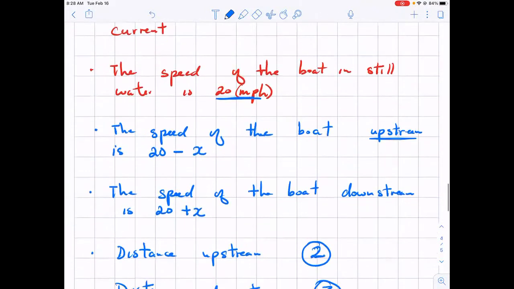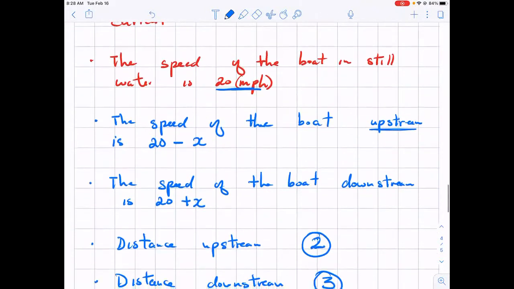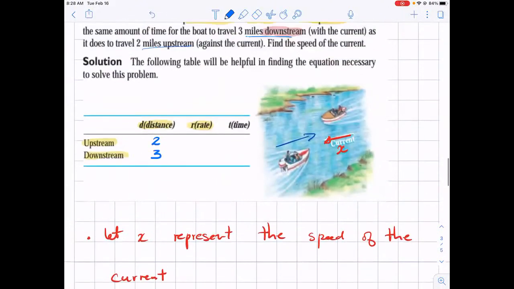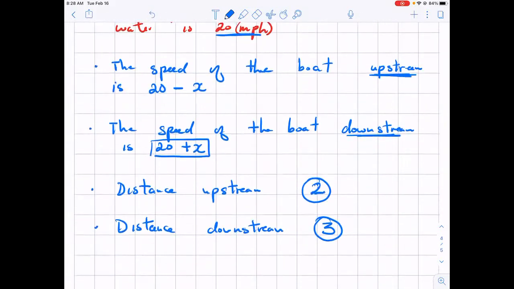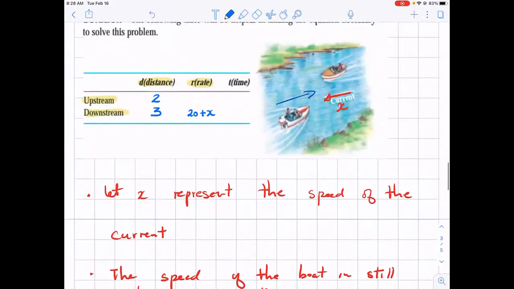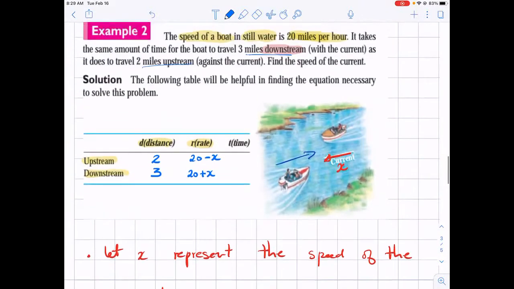Now the rate: the rate downstream is 20 plus x. That's my speed, my rate. And for upstream, we have 20 minus x. Those were the information given in the word problem. We just did a lot of writing to see how we got them.